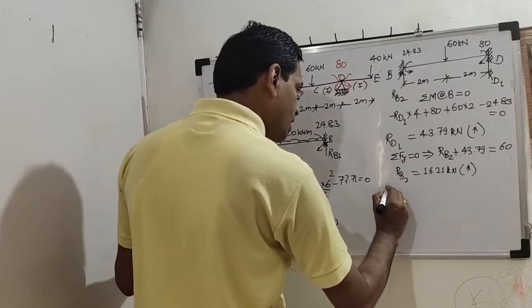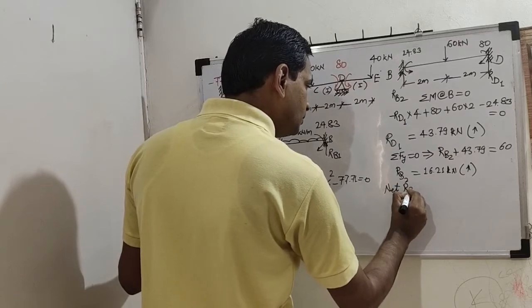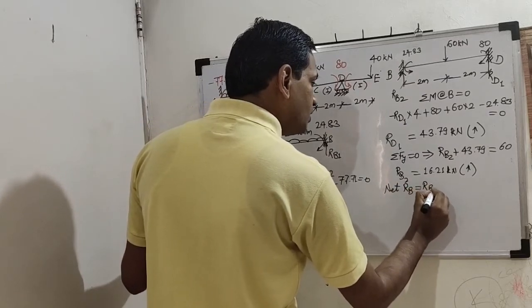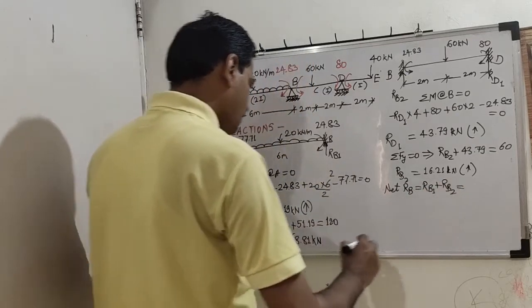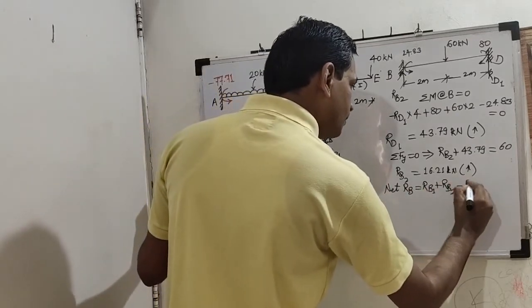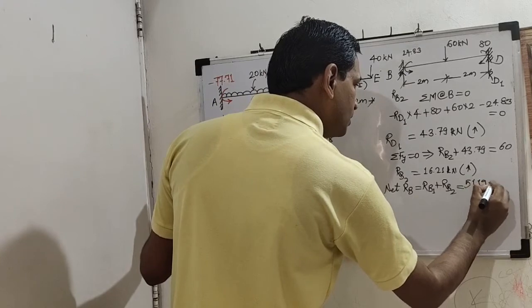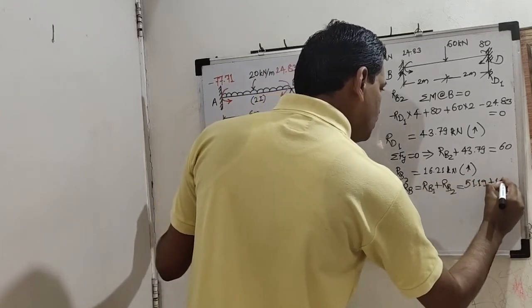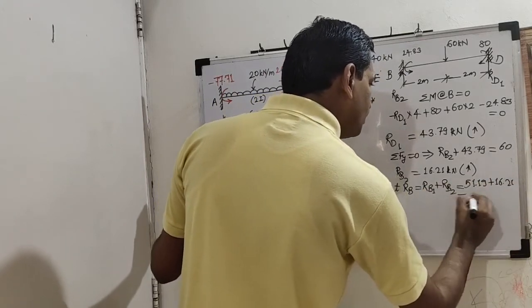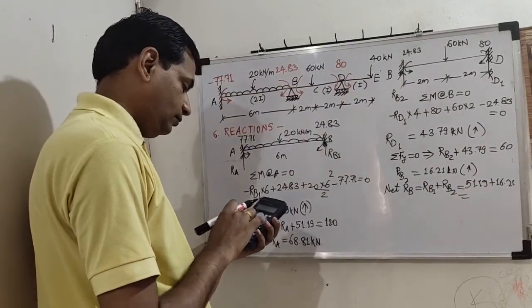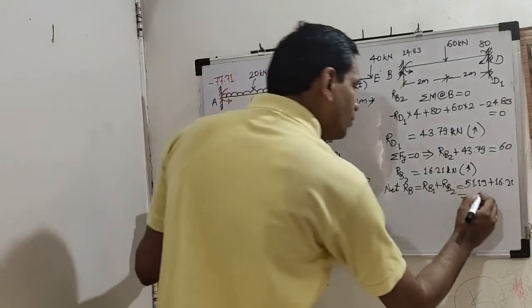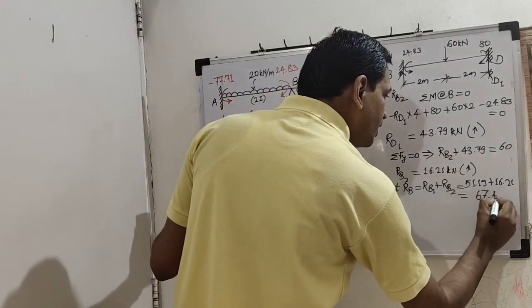So what will be net RB? RB1 plus RB2. How much is RB1? 51.19 plus 16.21. So 67.4 is net RB value.